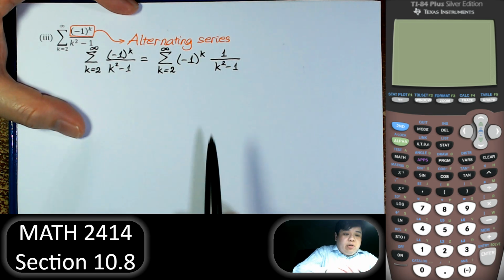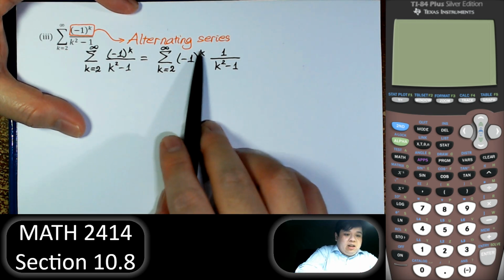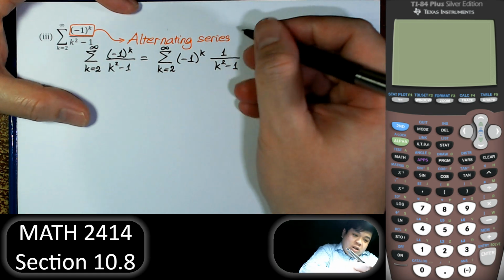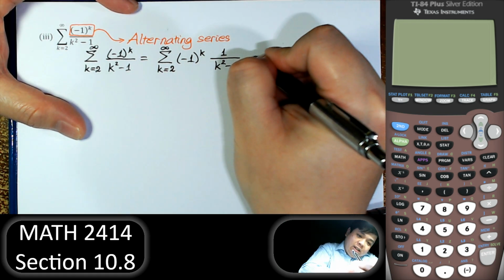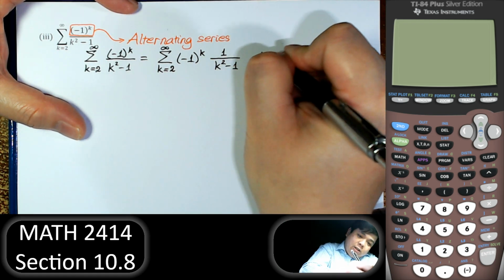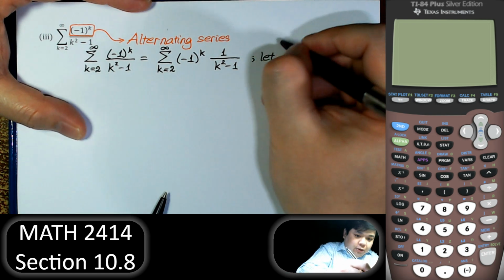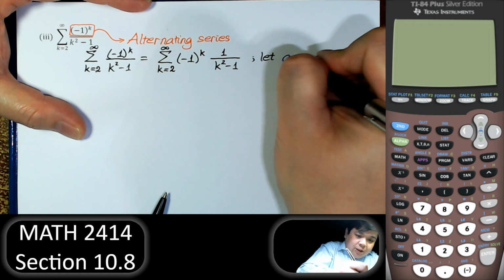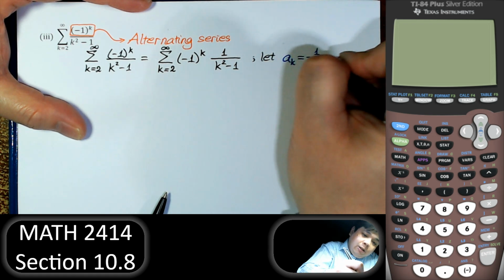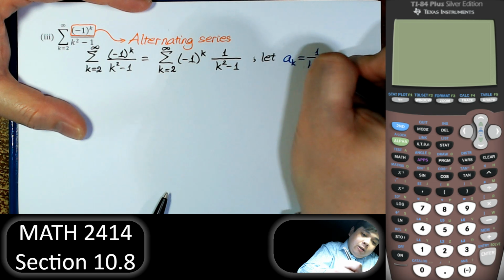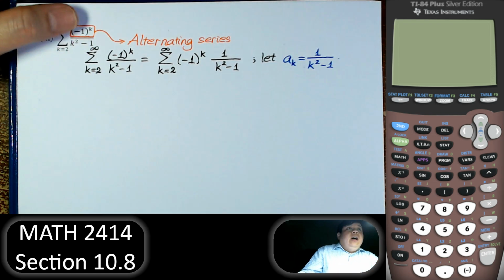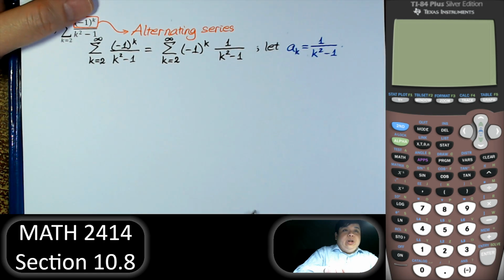So for an alternating series, we write out the alternating -1 raised to a power, and what's left is h of k. I'm going to write alternating series test. We need to check two things.